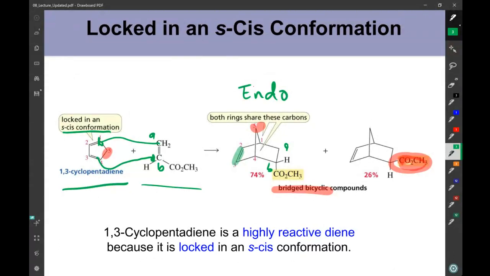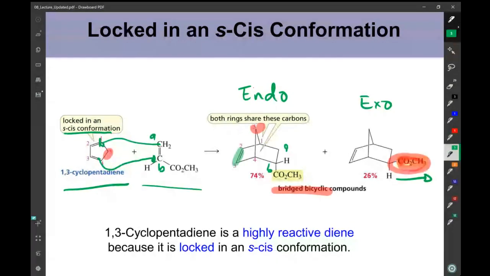That's the meaning, endo. And then this guy here we will refer to as the exo product, meaning outside, external to the ring. So exo, because the carbonyl group is pointing away from the ring. Does that make sense? So it's kind of like extending the ring. That's why we refer to that as the exo product.